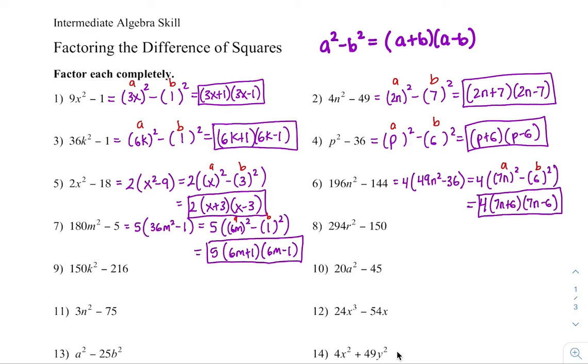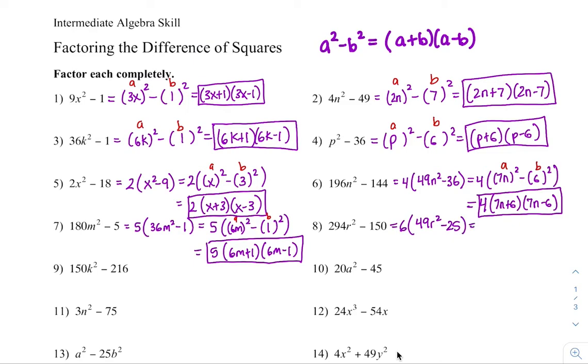Between 294 and 150, the biggest number you can go into that one is 6. So you can factor out a 6, and you're going to get 294 divided by 6, which would give you 49r squared. And 150 divided by 6 would give you 25.